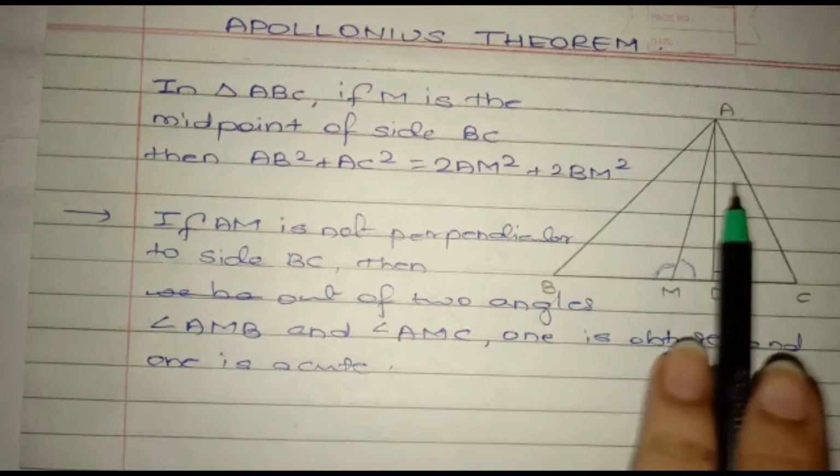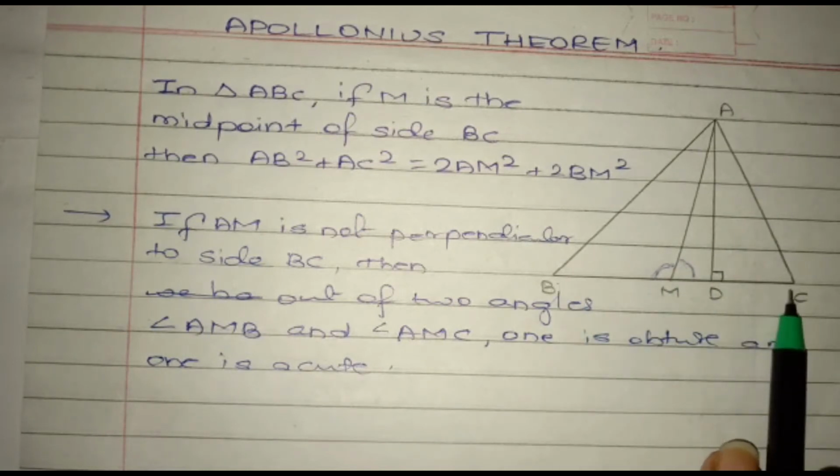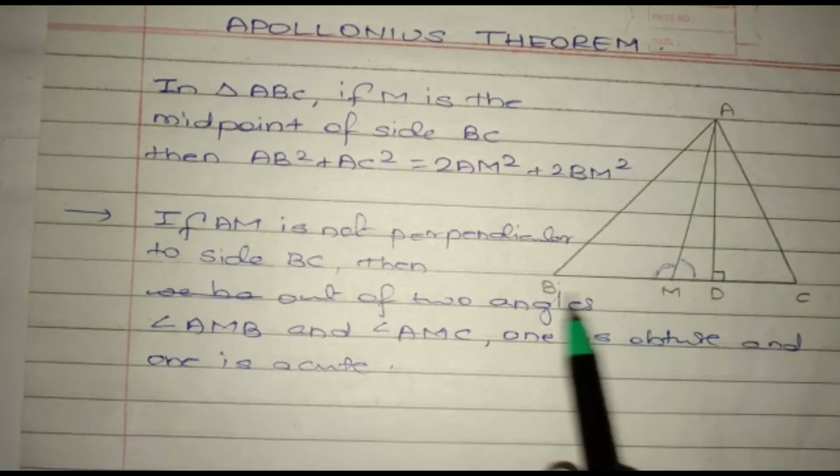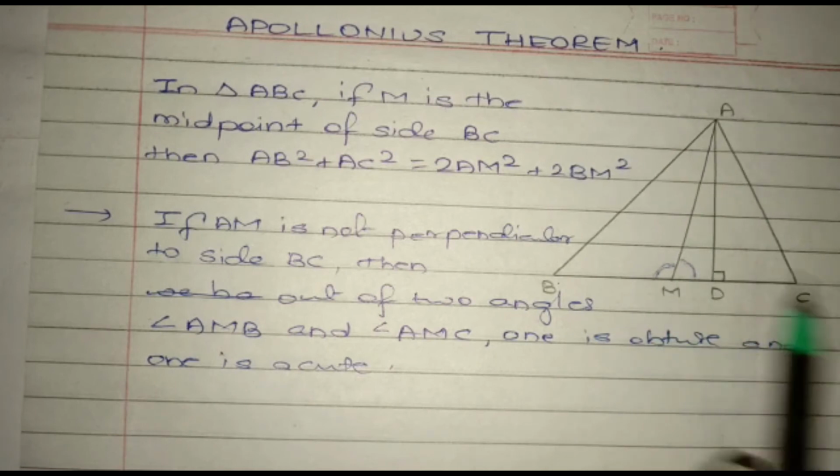Okay, we have two angles. If AM is not perpendicular to BC, then we have two angles, angle AMB and angle AMC, out of which one is obtuse and one is acute.